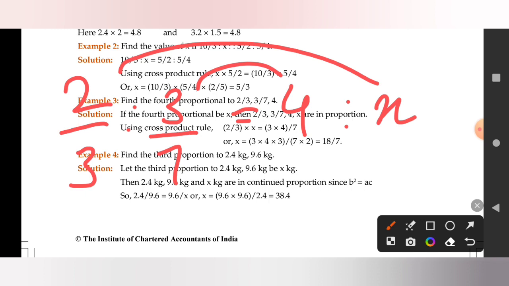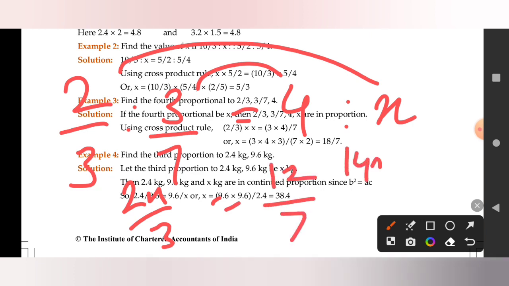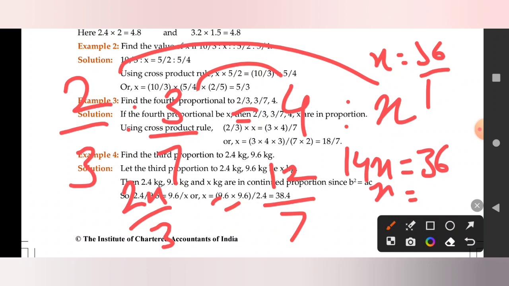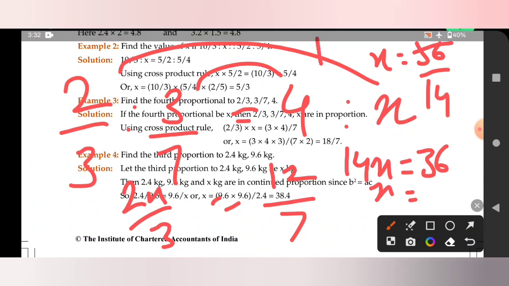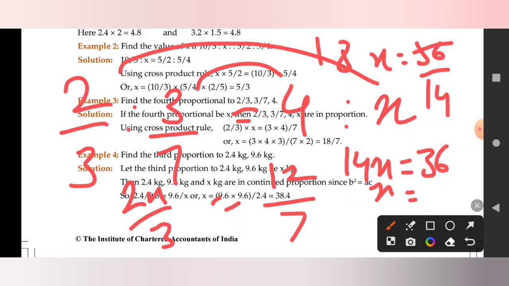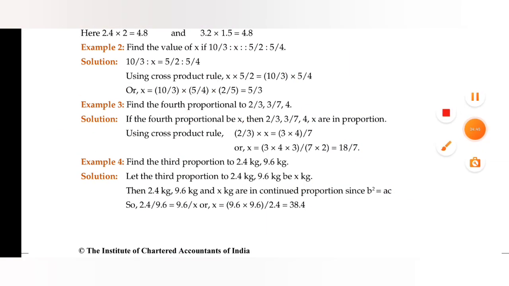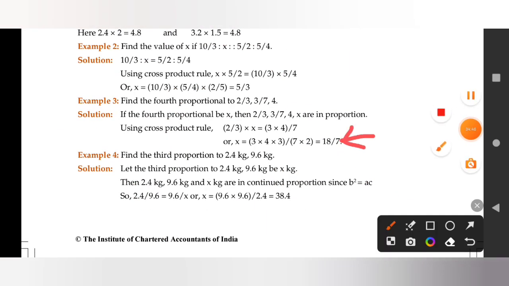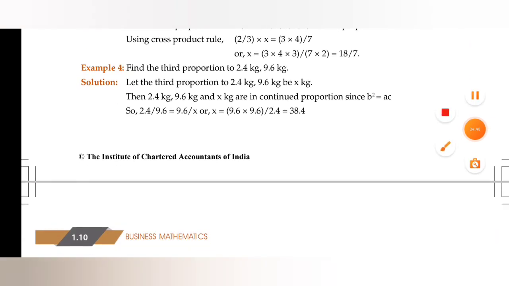So 2x by 3 is equals to 12 by 7. Cross multiply. 14x equals to 36. x is equals to 36 by 14. 2 18s are 36, 2 sevens are 14, so 18 by 7. Correct?